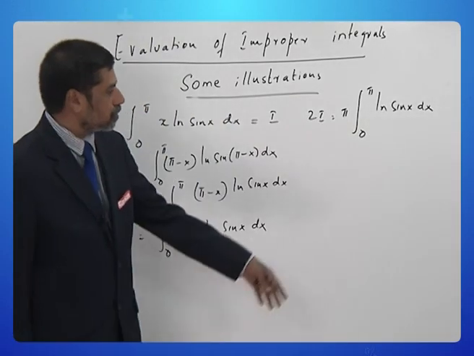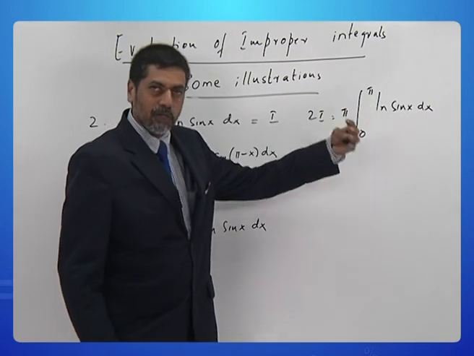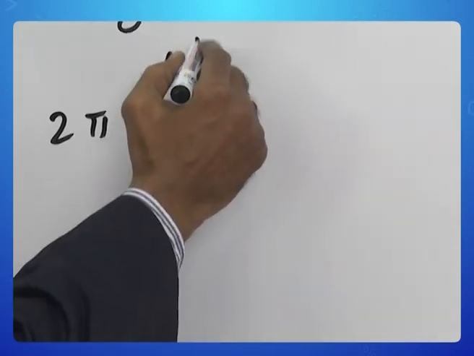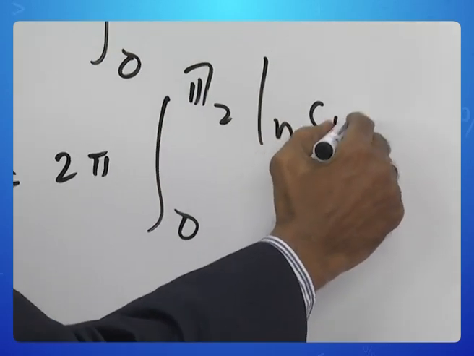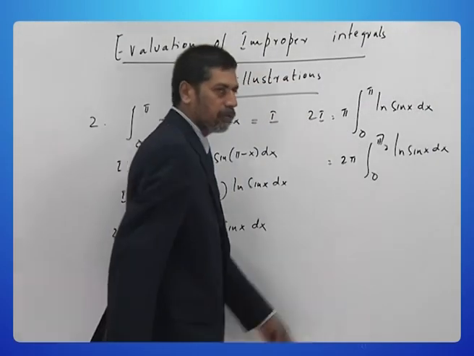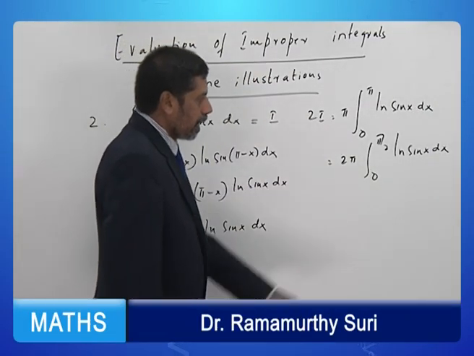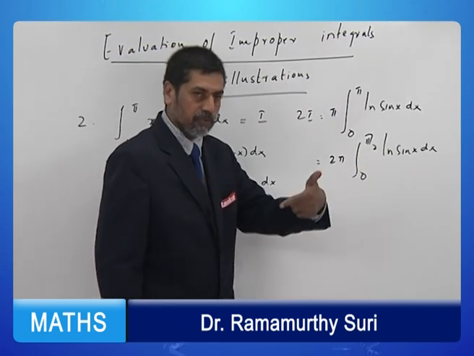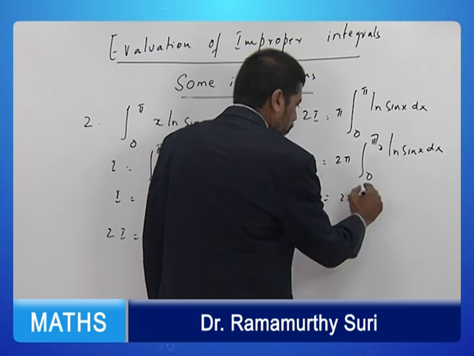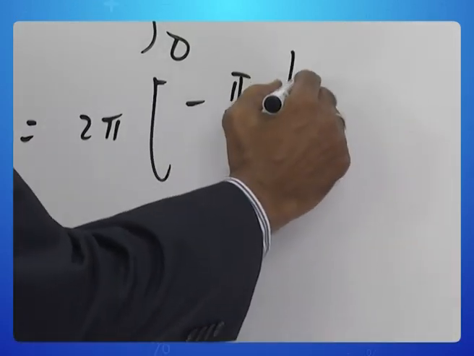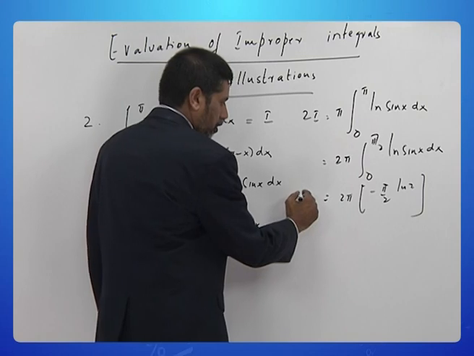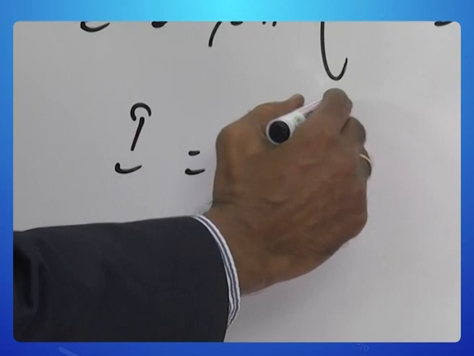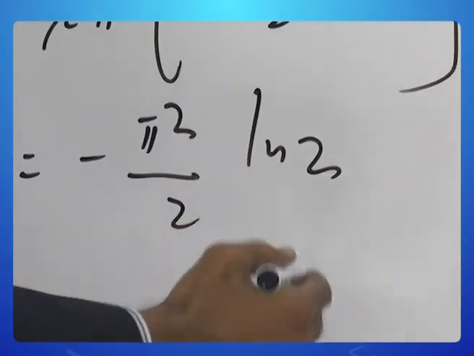And all of us know in the range 0 to pi, log sin x dx can be written as twice integral 0 to pi by 2 log sin x dx. This is a well-known property. And the value of this integral 0 to pi by 2 log sin x, if you refer to the previous example, is equal to minus pi by 2 log 2. So with this, we get I is equal to minus pi square by 2 log 2.